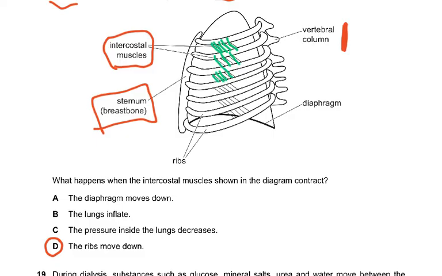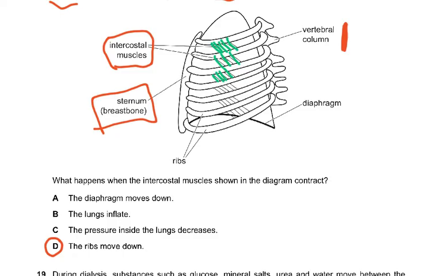These are the internal intercostal muscles, and when they contract, they are going to pull the ribs down. So please remember, when you inhale, we say external intercostal muscles contract, pull the rib cage upwards and outwards. But then they've said which ones contract, because they've shown you these, and these are the internal intercostal muscles, and the ribs are going to move down.